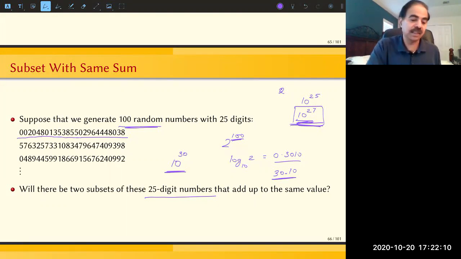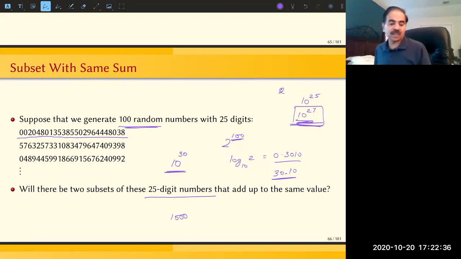It tells you that there are at least 1,000 subsets that will sum to the same value, right? So yeah, it's not only that you can say there are repetitions.